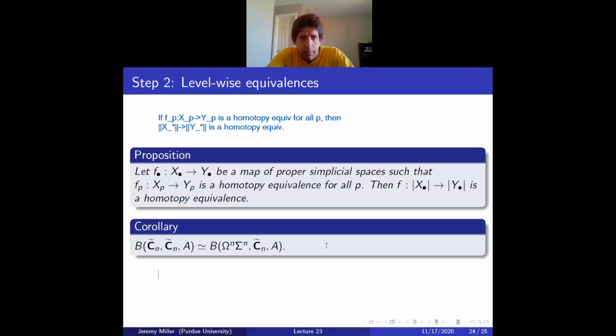But one thing that is true is if X star is proper, then there's a natural map from the thick geometric realization to the thin one, because the thin one is defined as a quotient. The thick one, you don't mod out by the image of degeneracies, you just mod out the equivalence relation involving face maps. So if your thing is proper, then the two geometric realizations are equivalent.